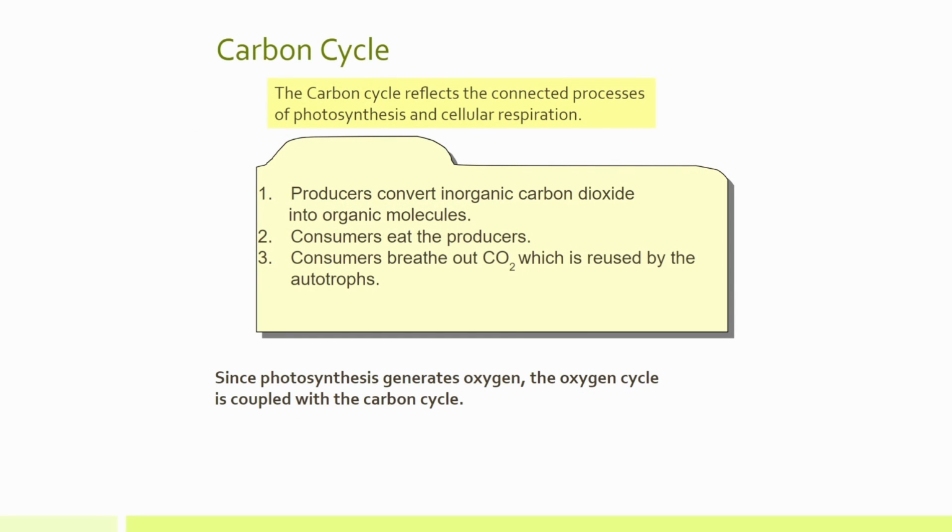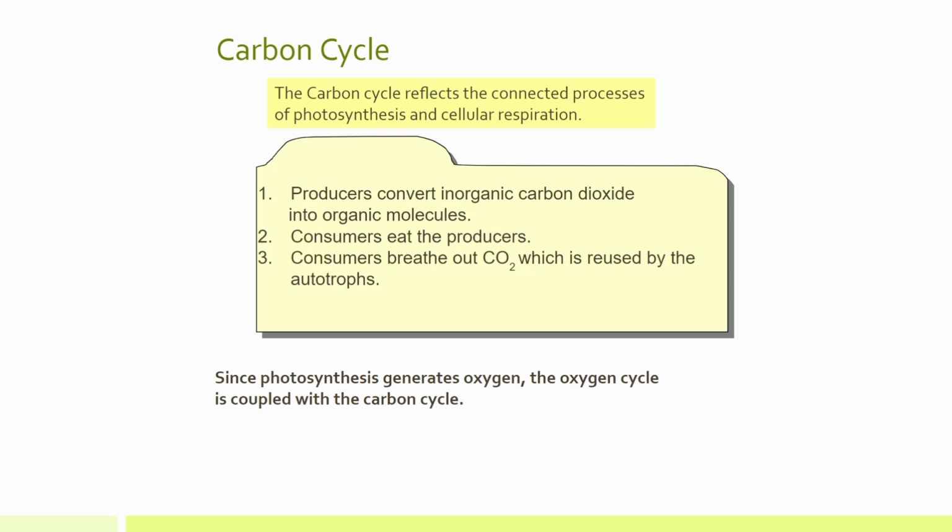So let's look a little bit more at the carbon cycle. We know it reflects the connected processes of photosynthesis and cellular respiration. For example, we turn inorganic carbon dioxide into organic glucose, or C6H12O6, during the process of photosynthesis. So the utilization of carbon dioxide in the carbon cycle produces oxygen in photosynthesis, and that last part is part of the oxygen cycle.